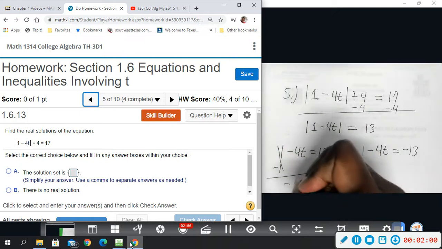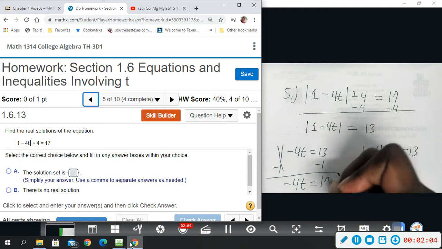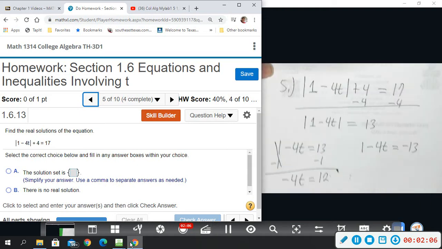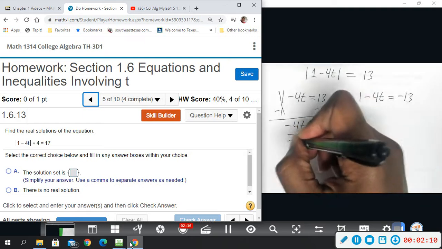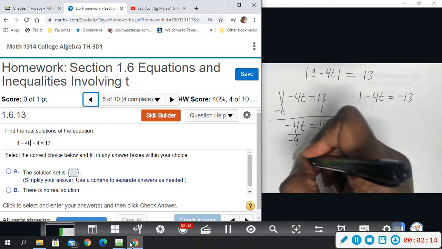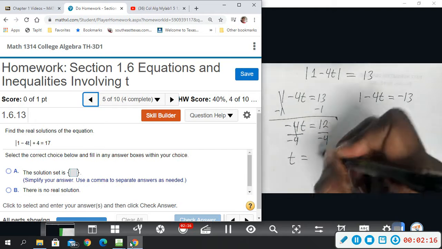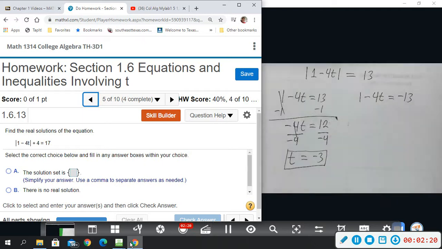Bring down negative 4t equals 12. And then we divide by negative 4. That gives us t equals negative 3. So our t could be negative 3, one possibility.